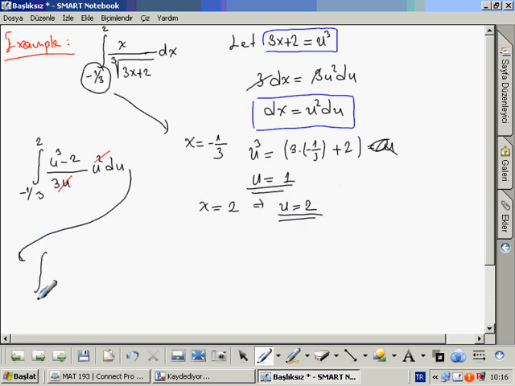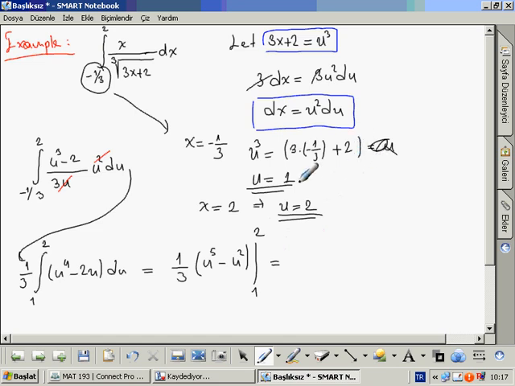Our integration boundary will be changed. It starts from 1 to 2, and u to the power of 4 minus 2u, and 1 over 3 du, 1 over 3 times u to the power of 5 minus u squared from 1 to 2.